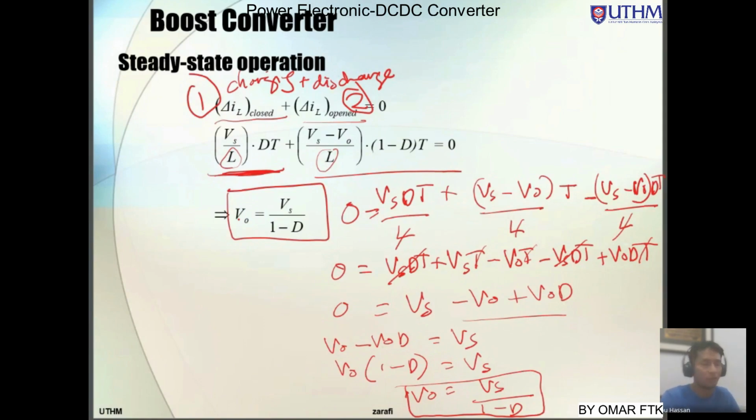So usually we set our limit at maybe 50% difference between input and output. Okay, up to this, any question? This one is just to get our transfer function for V out, the relation between output voltage and input voltage.